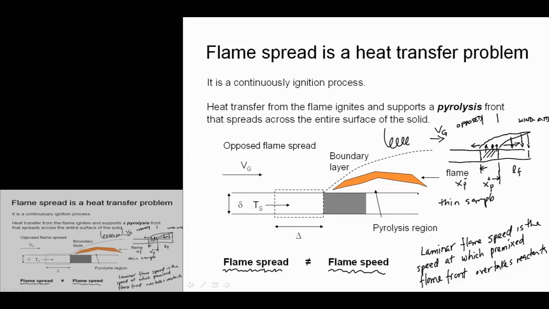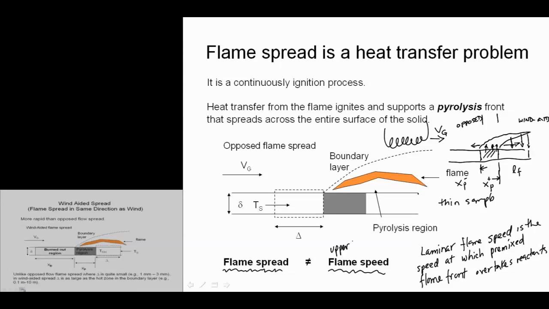These pyrolysis gases are mixing with the air because of buoyant effects, and so you have basically a premixed flame well ahead of wherever you've ignited it, and so you get this rapid propagation. The rapid propagation might be at some premixed flame speed, and it could be a laminar premixed flame speed, or a turbulent premixed flame speed, depending on the external flow conditions. But this, in some sense, represents an upper limit to what you might get for propagation, as compared to the flame spread rate, which is a different issue.